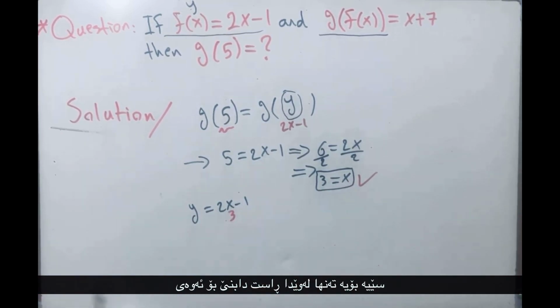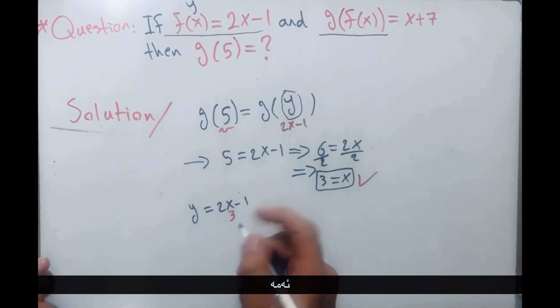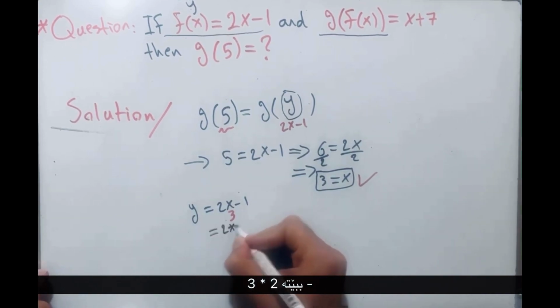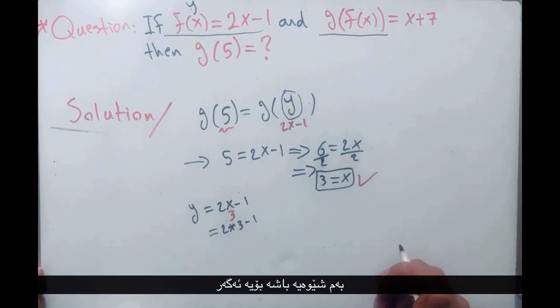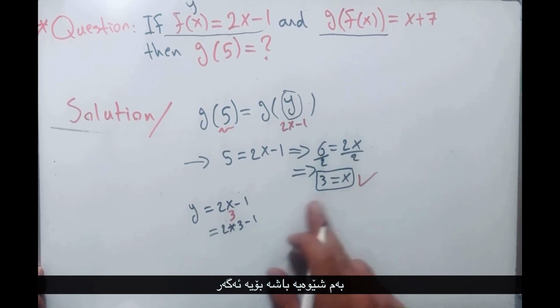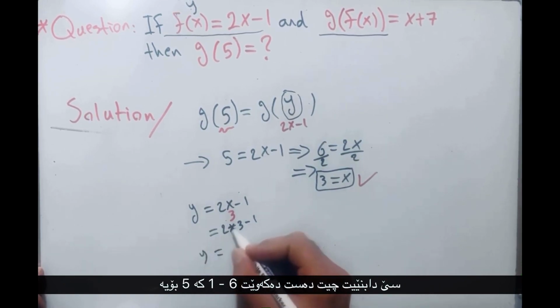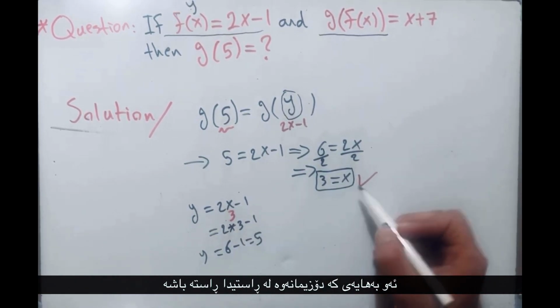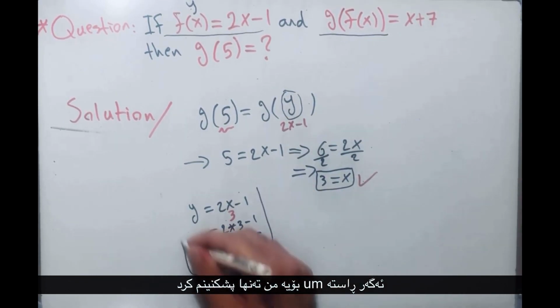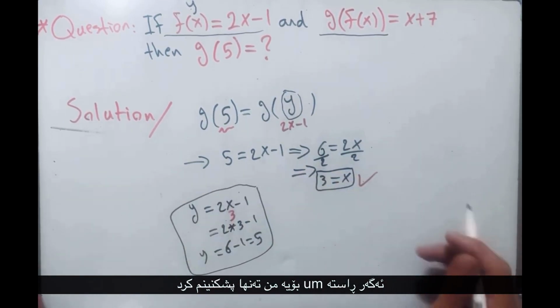So just put it there. This becomes 2 times 3 minus 1. If you put 3, you get 6 minus 1, which is 5. So the value that we found is actually true. I just checked if it's true or not.